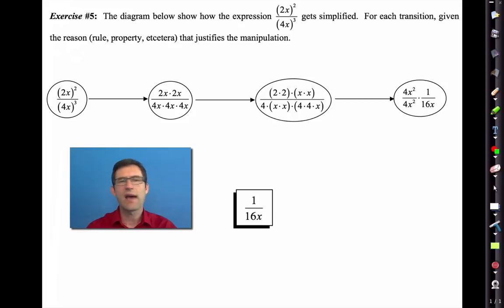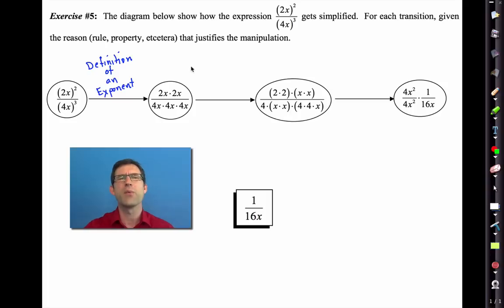So, for instance, how do we explain going from this step to this step? And for me, that is simply the definition of an exponent. Right? That's just what an exponent means. All right. Now, what did we do when we went from this step to this step? We grouped those two 2's together and we grouped those x's together. We grouped that 4 and those two x's together and then those two 4's and that x together.